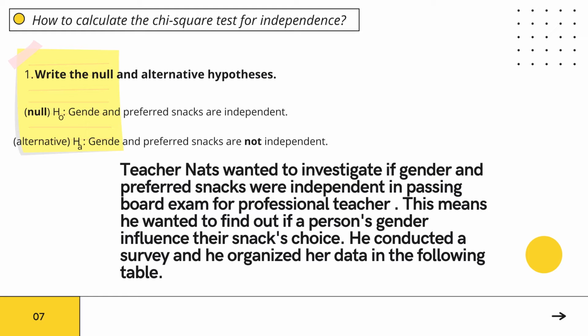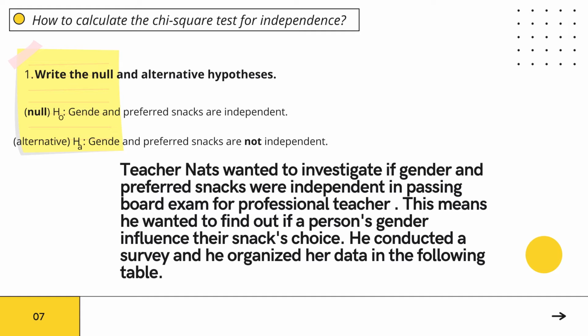So let's do the first step, which is to write the null and alternative hypotheses. From the research problem that I have made, my null hypothesis is that gender and preferred snacks are independent.